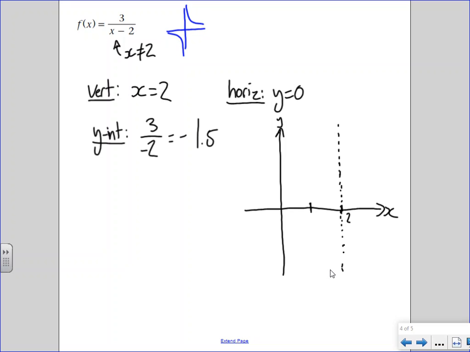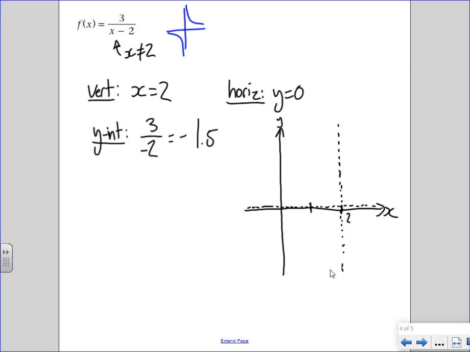This hyperbola is not crossing this line. It's not part of the function itself, but it's good for us to draw it there, just to tell the HSC marker, or whoever's looking at your work, or just yourself, what it can't be. And our horizontal asymptote is going to be just along the x-axis, so I just do a dotted line just above it, just so it's sitting on top.